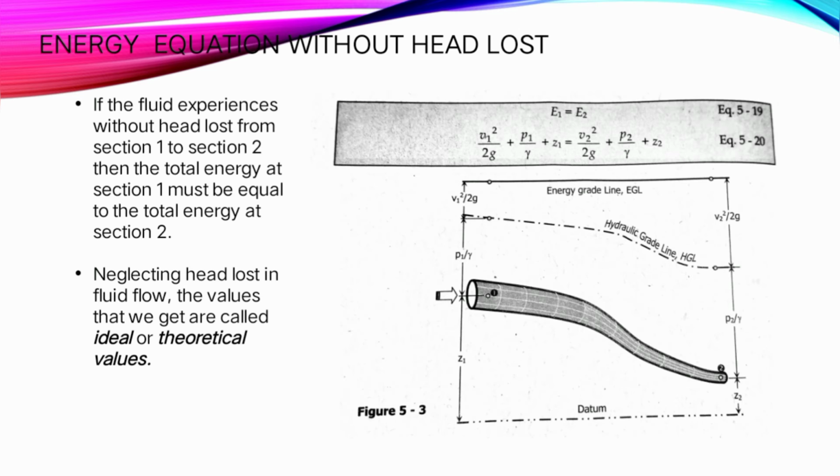Energy equation without heat loss. If the fluid experiences no heat loss from section 1 to section 2, then the total energy at section 1 must be equal to the total energy at section 2. Neglecting heat loss in fluid flow, the values that we get are called ideal or theoretical values.